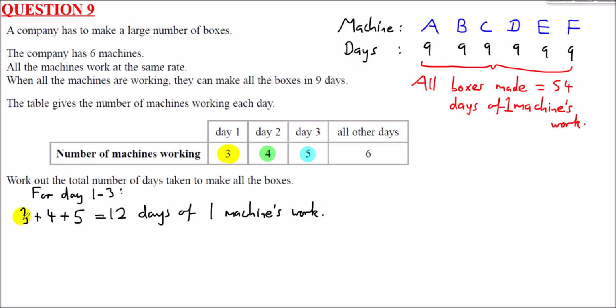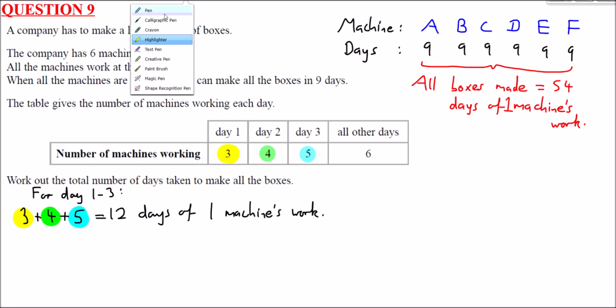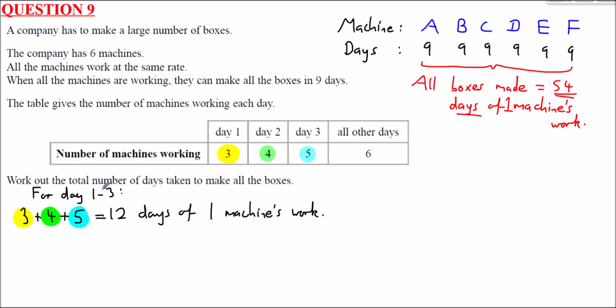So we just did 3 plus 4 plus 5. Now we need 54 days. So then 54 minus 12 will tell us how many more extra days of machine work we need. 54 minus 12 equals 42 days still needed.